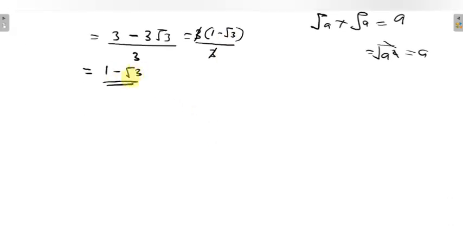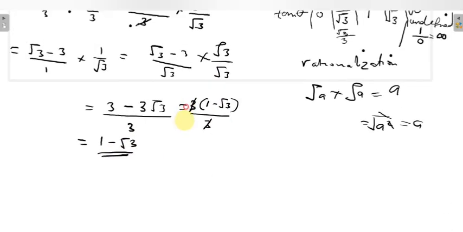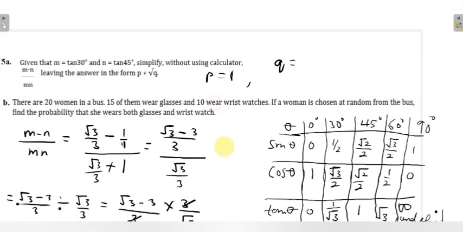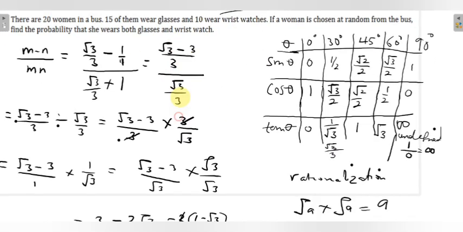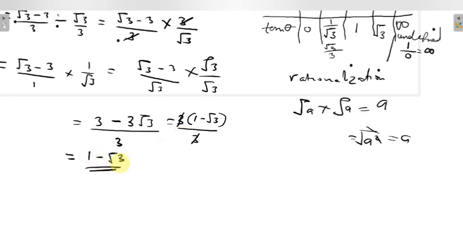This is what we have inside the root. That's 3. So Q is equal to 3. Okay, so that's all for that. This is what they asked us to do, to leave the answer in this form. So this is actually the right answer, 1 minus root 3.